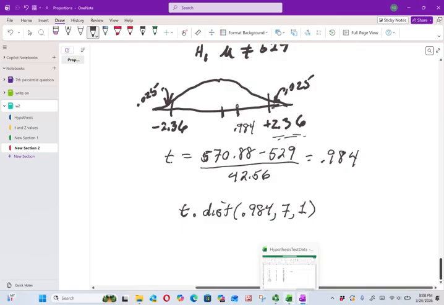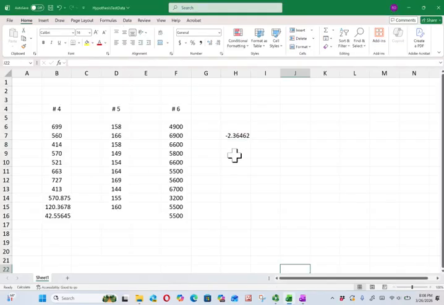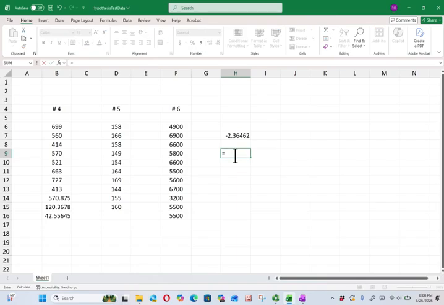So we need to go to Excel, and this becomes equals T.DIST, 0.984, 7 degrees of freedom, and we want it to be cumulative.